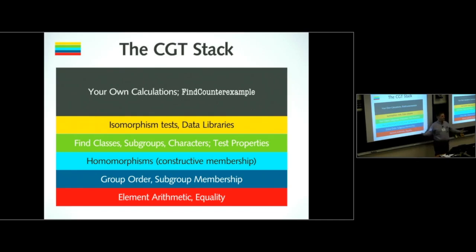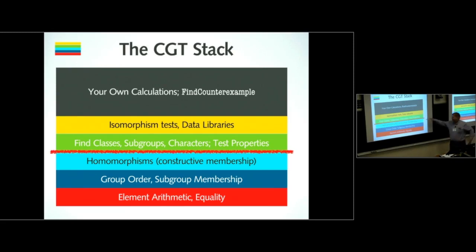Multiplying matrices, you know how to do it, you know how to check whether two matrices are equal. But then it becomes more interesting: what's the order of a group? How do we test membership in a subgroup? How do we evaluate a homomorphism? Which is, if the homomorphism is given on generators, that basically means express an element as a product of generators.